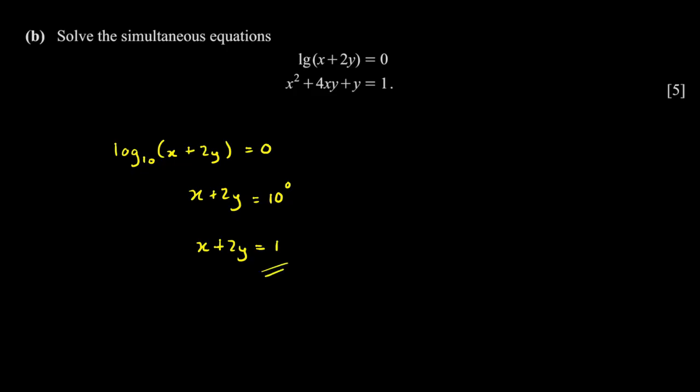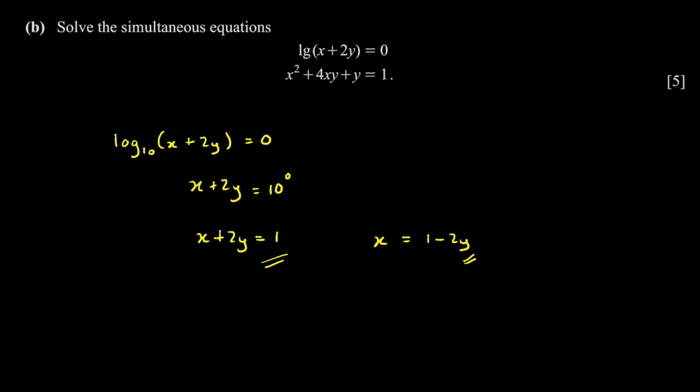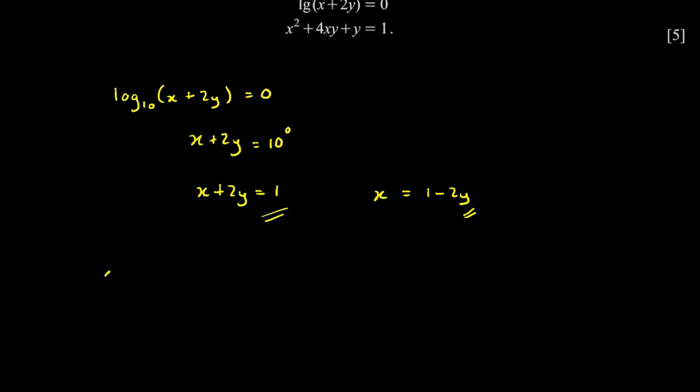And I think that means we can substitute it into the second equation. So we'll rearrange this: x is equal to 1 minus 2y. And we'll substitute it into the quadratic. So we've got 1 minus 2y all squared plus 4 times 1 minus 2y times y plus y is equal to 1.